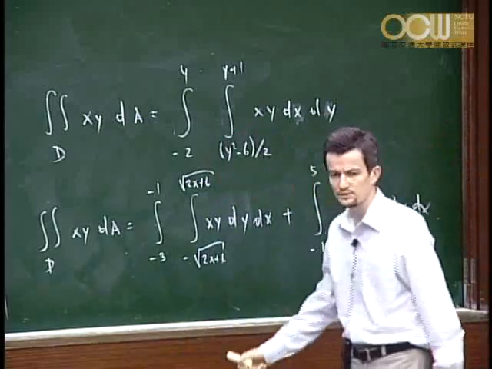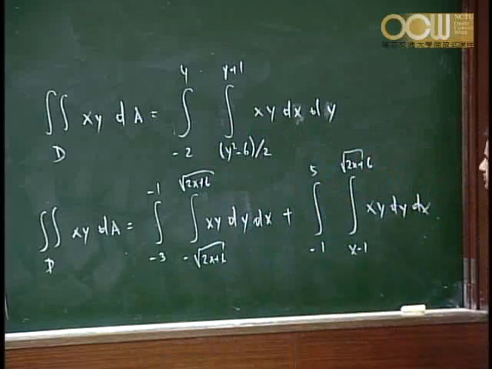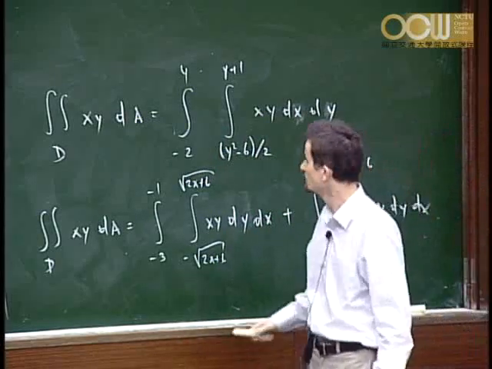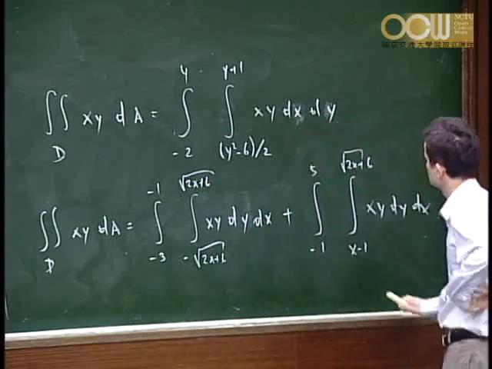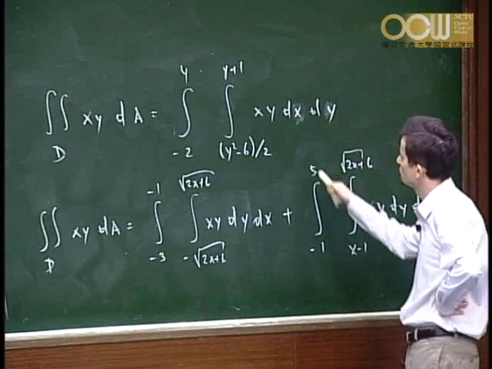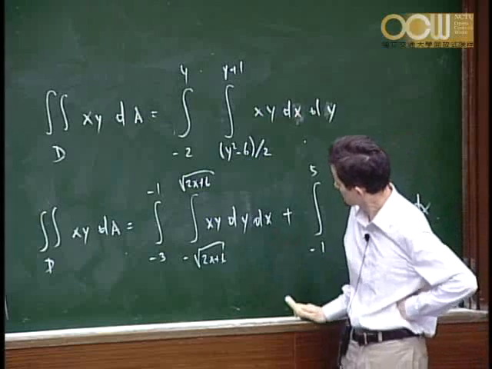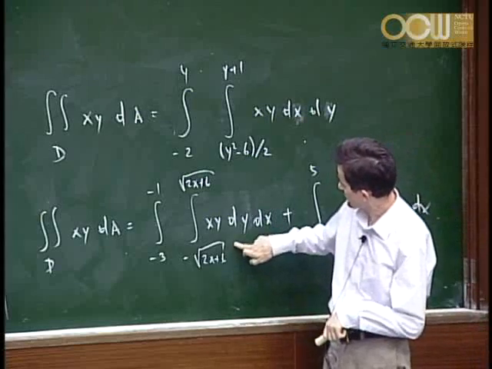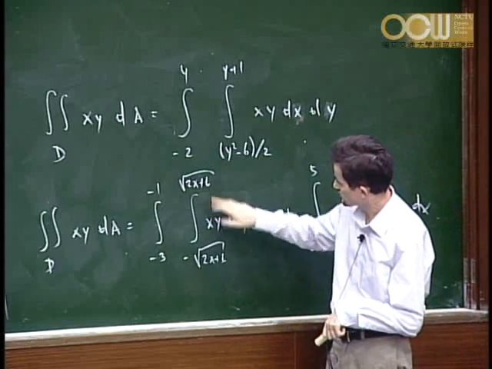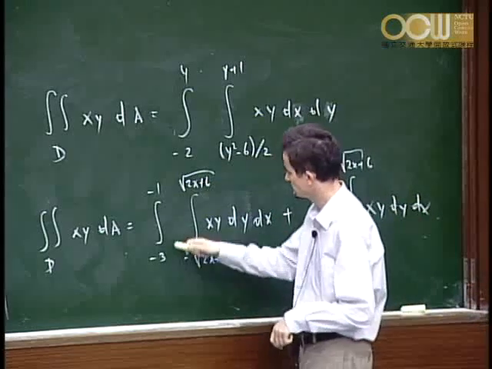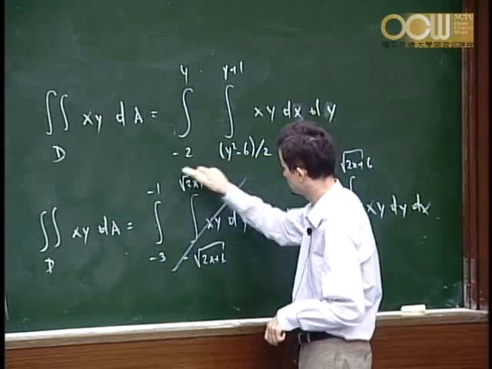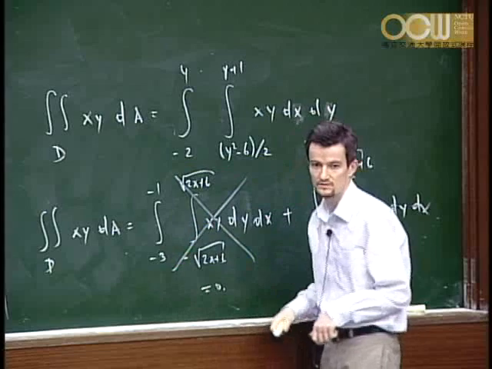The author of our textbook, because this example is in our textbook, writes down both expressions, and then writes that this is more complicated to compute than this one. It's not true, because if you look at the inner integral, you can take out the x. This is an odd function, so it will be 0. So you can forget about this. So this one is equal to 0.